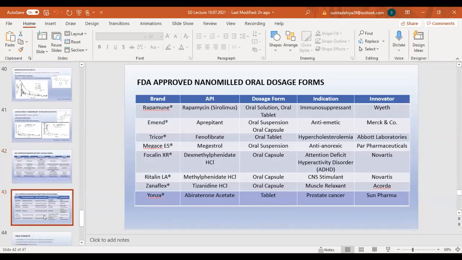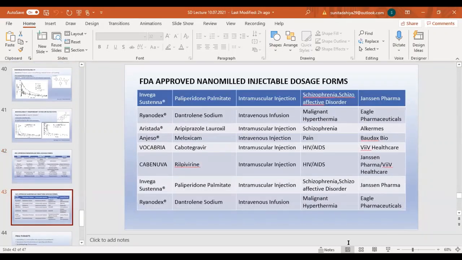Whereas in case of the parenterals, usually the intravenous infusion and intramuscular injection. No other than intravenous and intramuscular have been approved for the market so far.